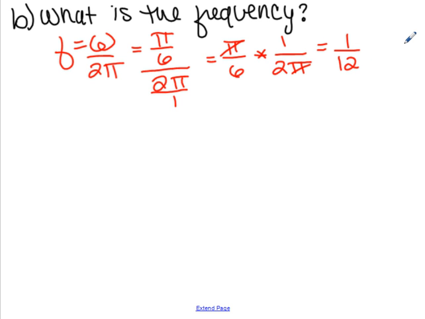So how do I write this in terms of the problem? It takes 1/12 of a cycle to complete 1 second. Next, c. What is the time required for a full cycle?